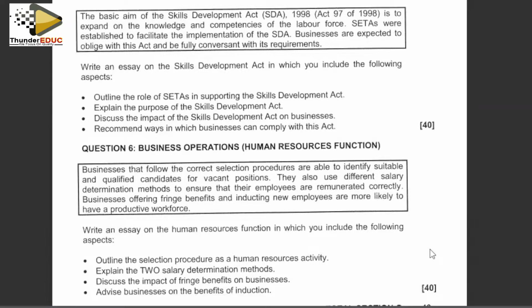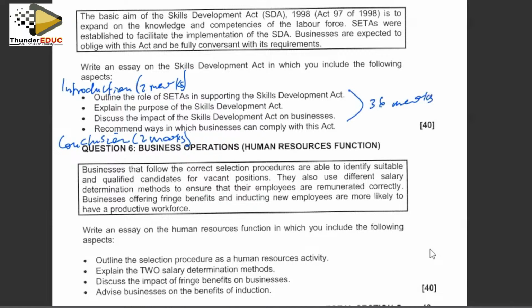The structure of the essay under business studies is very simple. These bullets are going to form your body part, while you must come up with an introduction, which is 2 marks. You also have to come up with a conclusion, which is also 2 marks. All in all, you are going to have 36 marks.